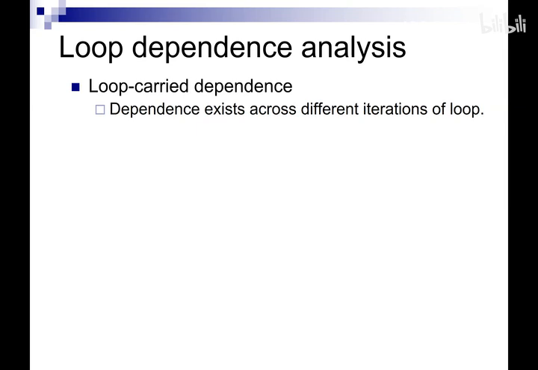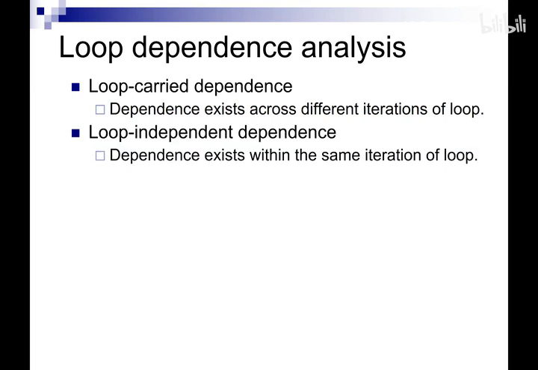One is called a loop carried dependence. This means that we have dependencies across different iterations of the loop, so maybe a later iteration depends on a previous iteration. It's carried through the loop. And then you also have something called a loop independent dependence, which means you have some sort of dependency, but it's within the same iteration of the loop.